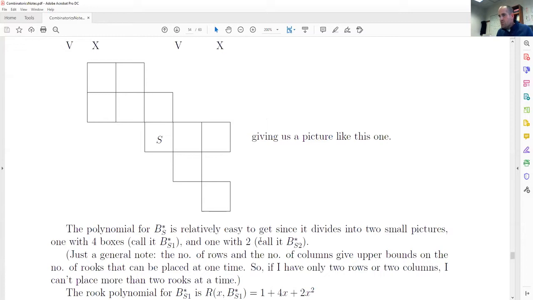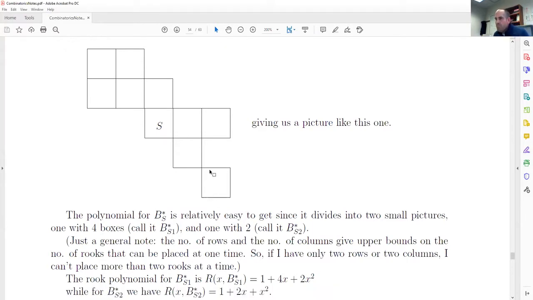And one with 2, which is, since I'm eliminating this column and this row, these 2 squares are BS2 star, that board. Now, in theory, I could have said that this is its own board and this is its own board, but why? This is easy enough to deal with on its own.